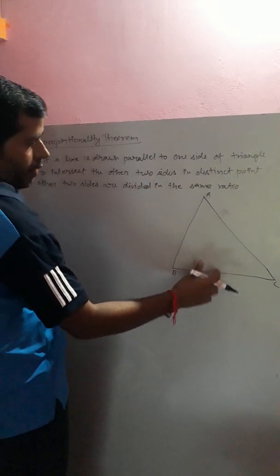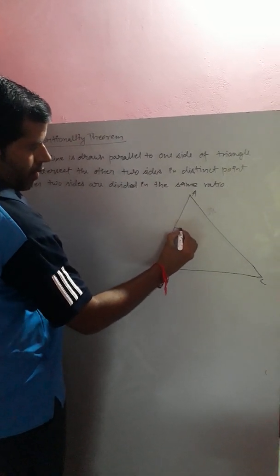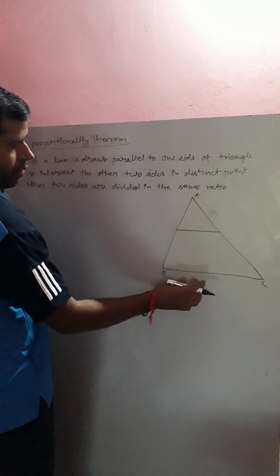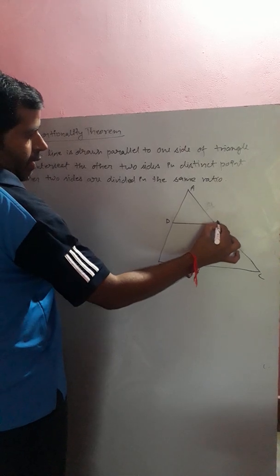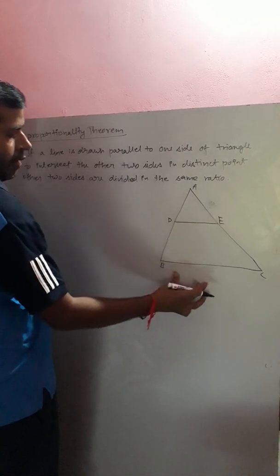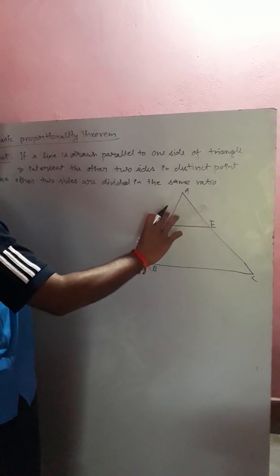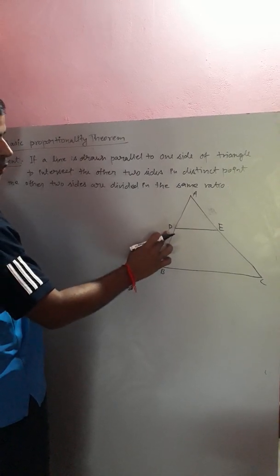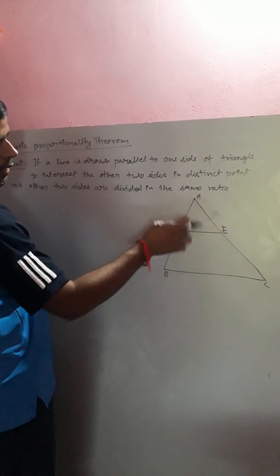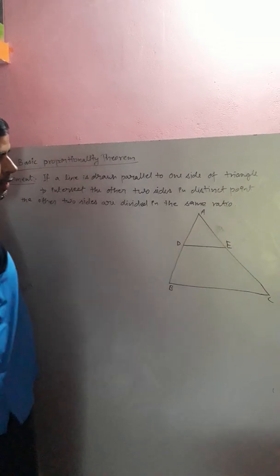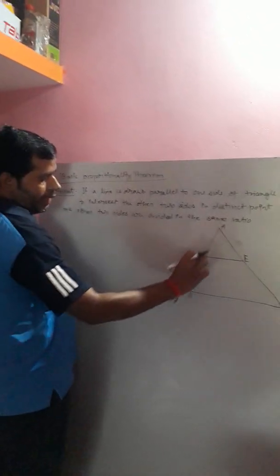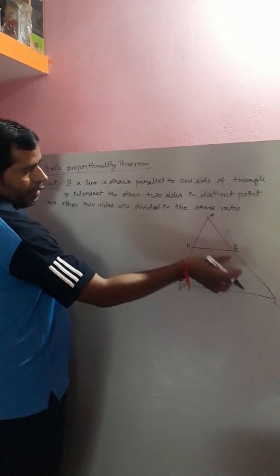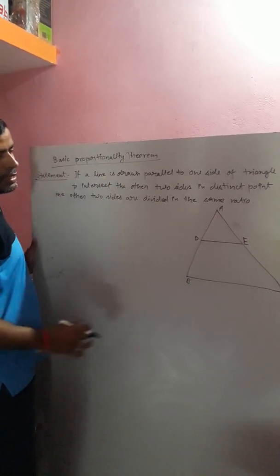So first, let this line be parallel to BC. Let these be point D and point E. So DE is parallel to BC and it intersects the other two sides, AB and AC, in distinct points D and E respectively. Now we have to prove AD upon DB equals AE upon EC, in the same ratio.